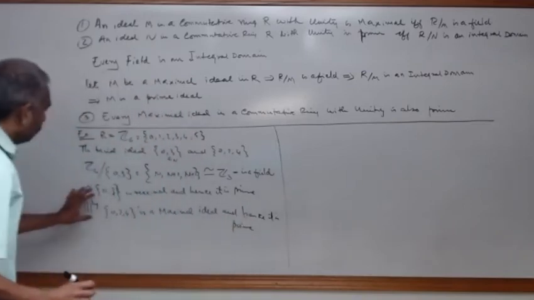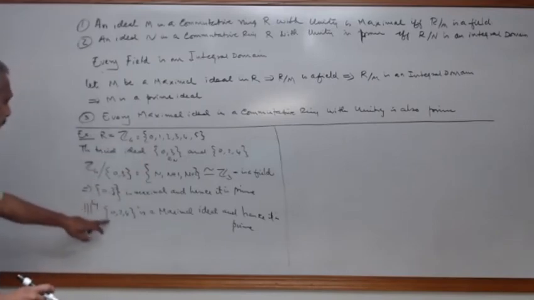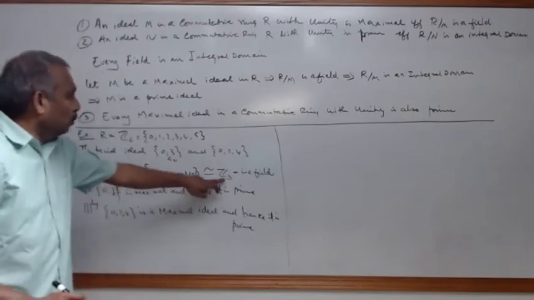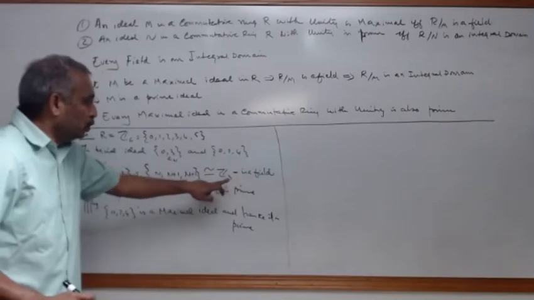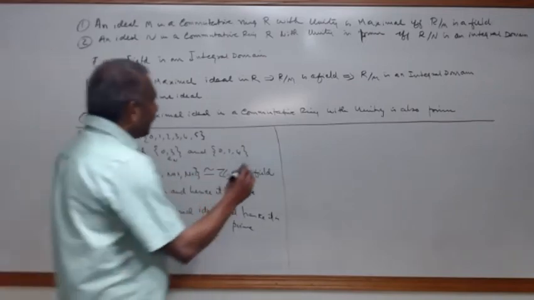So these are the two maximal and prime ideals of Z6. In this case, the quotient is isomorphic to Z2, which is again a field because 2 and 3 are prime numbers. Let's take another example.